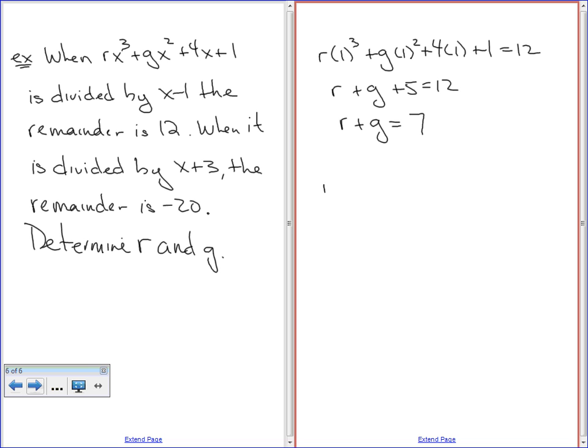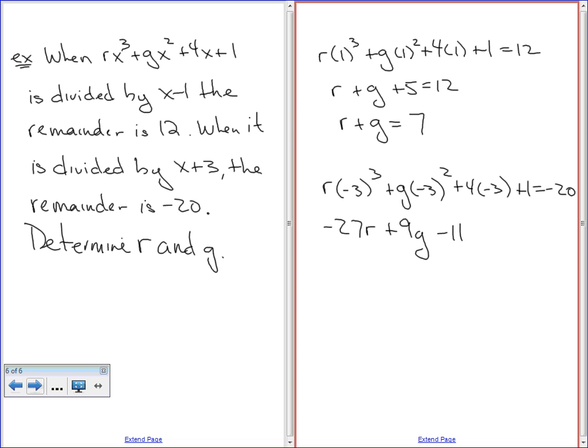So r, -3 goes in for the polynomial. And that's equal to -20. Simplifying, I get -27r plus 9g, -12 plus 1 is -11 is equal to -20. -27r plus 9g is equal to, bring the 11 across, becomes positive, and I get -9.